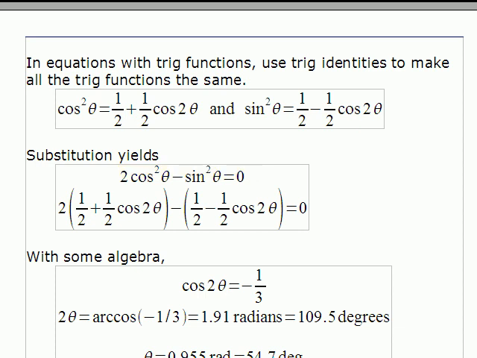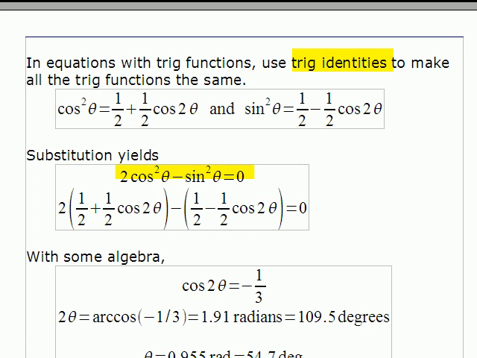What we're going to do is use trig identities. Now the goal here, let's look again at this equation. You've got sines and cosines in here, and that makes things very awkward. If you have an equation that you're trying to set equal to 0 with a bunch of trig functions in it, try to use these trig identities so that all the trig functions become the same. And what we have here is cosine squared and sine squared.